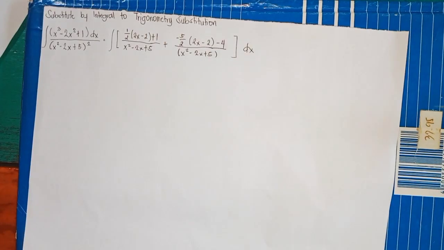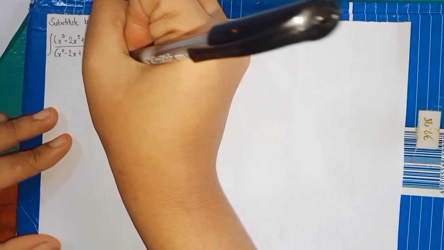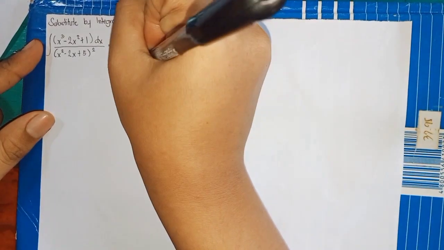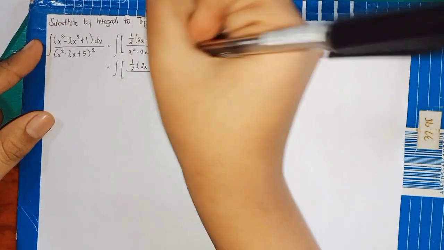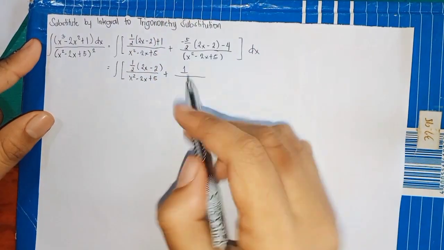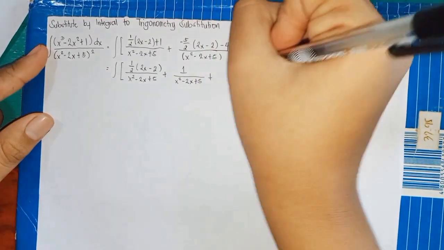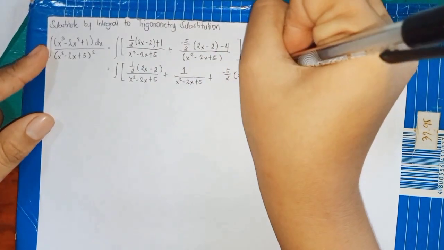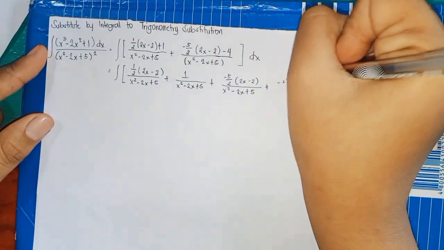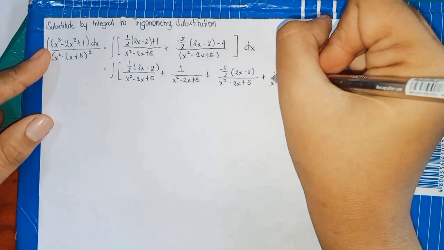So now let's separate them into integral of 1 half, 2x minus 2 all over x squared minus 2x plus 5, plus 1, this will be our B, over x squared minus 2x plus 5, plus negative 5 half, 2x minus 2 all over x squared minus 2x plus 5, plus negative 4 over x squared minus 2x plus 5, this will be squared.